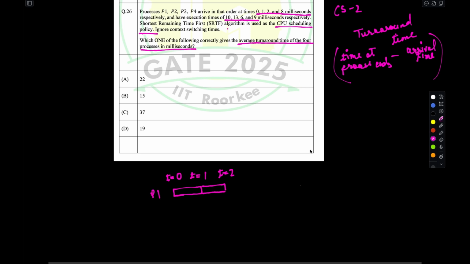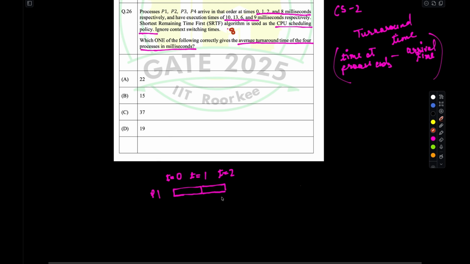Now, when it comes to t equals 2 seconds, we have P3. Now P3 has 6 milliseconds of total time remaining. But P1, which was already running, would have 8 milliseconds of time remaining, 10 minus 2, and 6 minus 0, of course.